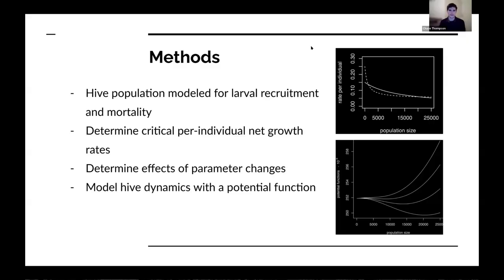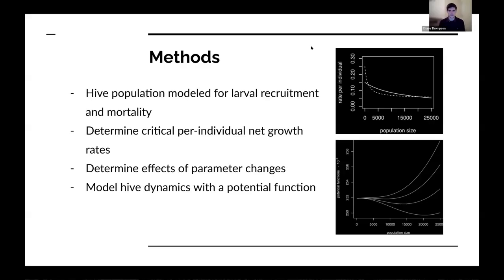To begin the development of this model, the mortality and population increase rate in a hive was determined, as you can see on the top right graph, where there are two critical values where the mortality, in the dotted line, meets the population increase rate in the solid.